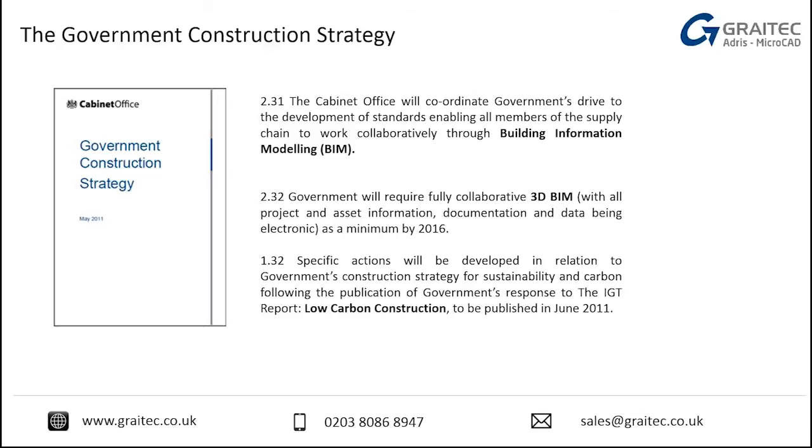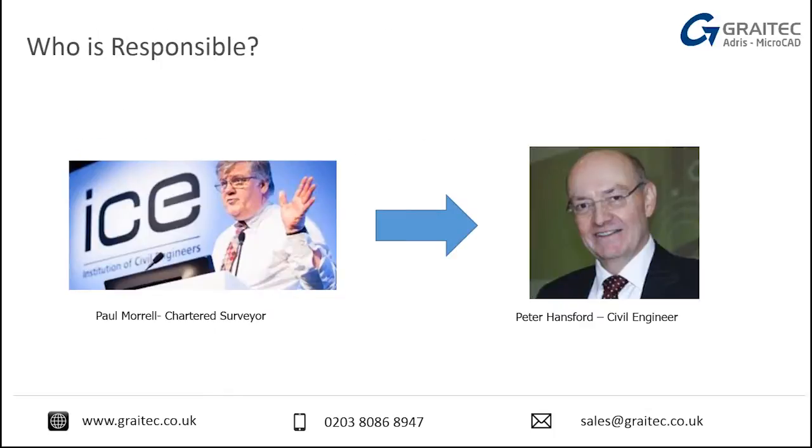So by 2016, there is a mandate to say that all publicly funded projects will be done to BIM level 2, and I'll come on to what the different BIM levels are in a second. So who was responsible for this? Originally, Paul Morrell was employed as the government construction advisor, and he looked into BIM, and he could definitely see where these savings could be made because everyone would talk to each other.